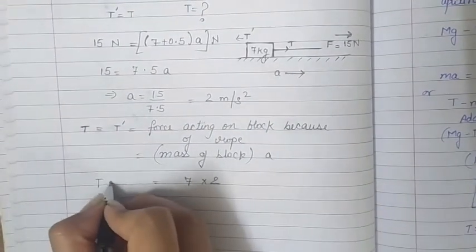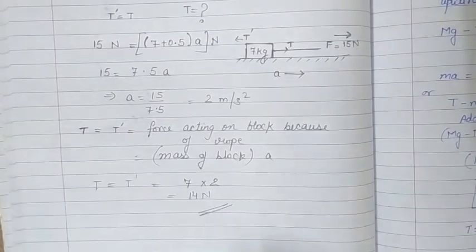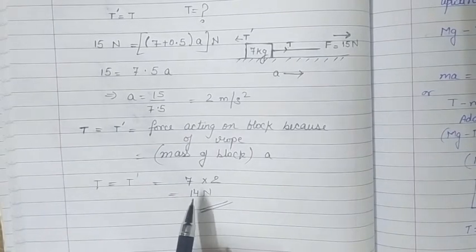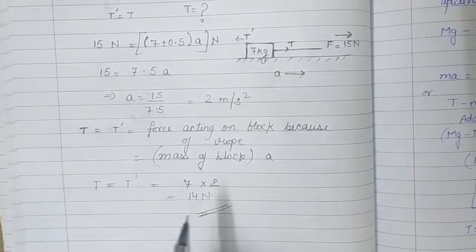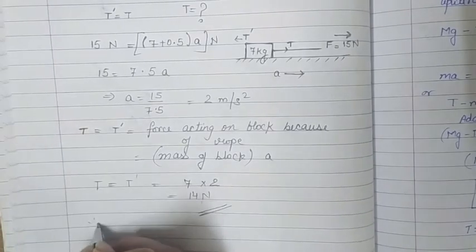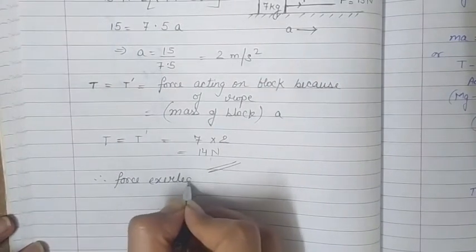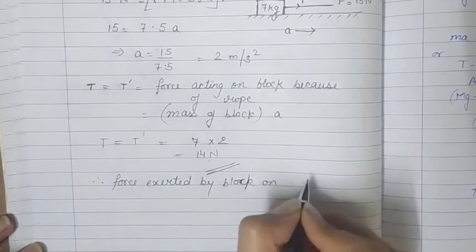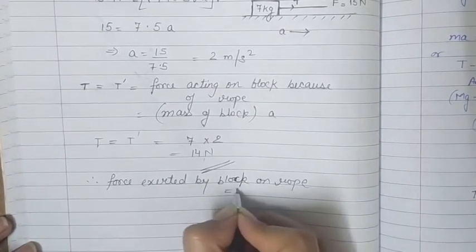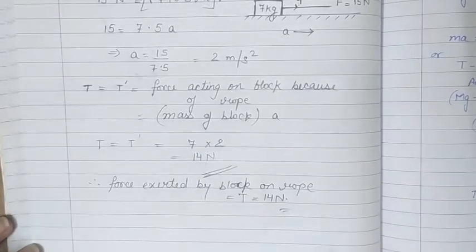So T equals T dash is equal to 14 Newton, and that is the required answer. 14 Newton is the force exerted by the rope on the block, and it is equal to the force exerted by the block on the rope. So the force exerted by the block on the rope is equal to T, that is equal to T dash, and is equal to 14 Newton. That is the required answer.